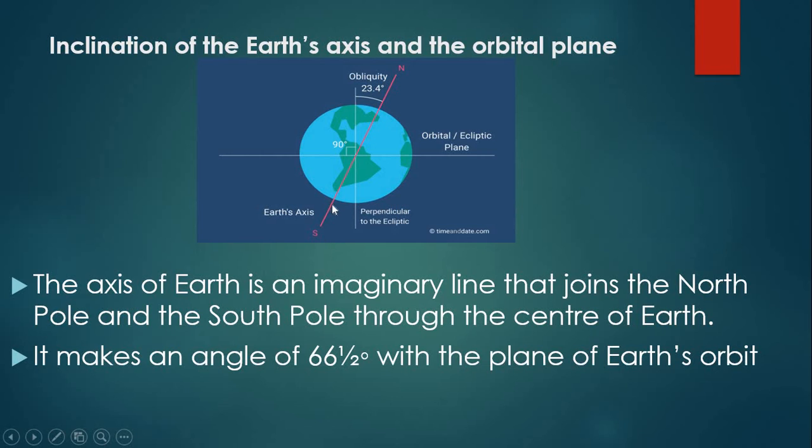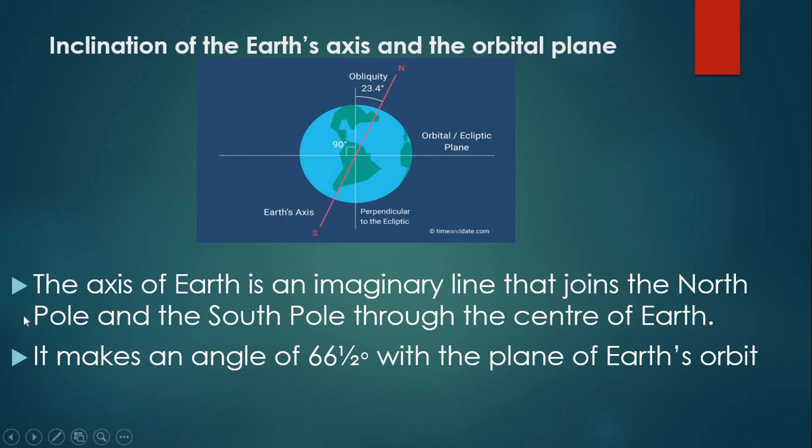The earth's axis, which is an imaginary line, here you can see with the red mark, is always tilted, and the perpendicular line on the orbital plane has a difference of almost 23.5 degree. The tiltness of the earth from this perpendicular line is 23.5 degree.